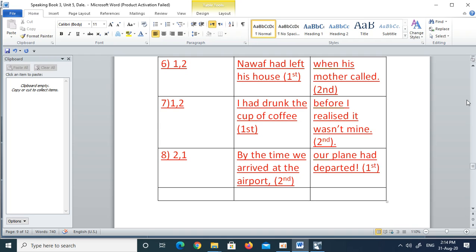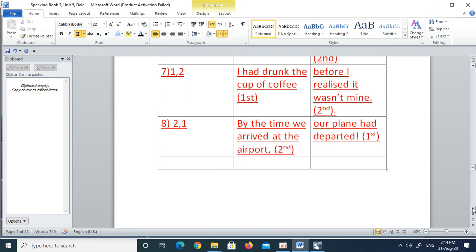The other action came later. Even if we mention the later action first, it still did not happen earliest. The action which has the had in it is the action that happened earliest. All right.